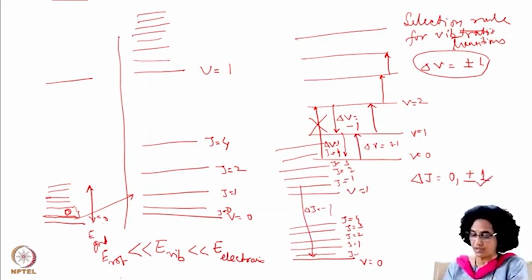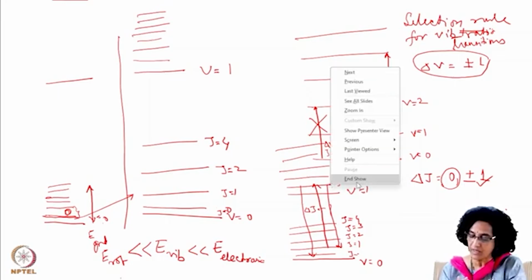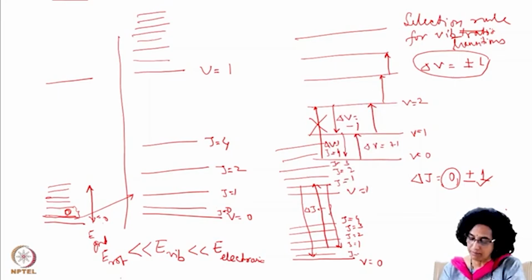Between two vibrational levels, you can also have delta J equal to 0, from 1 to 1. When we show an upward arrow, it is absorption. When it is a downward arrow, it is an emission. That means the molecule in the upper vibrational level, occupying this rotational energy, is coming down to the lower vibrational level with the same J value, and so delta J is equal to 0.